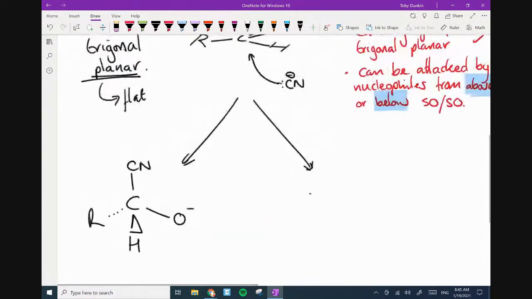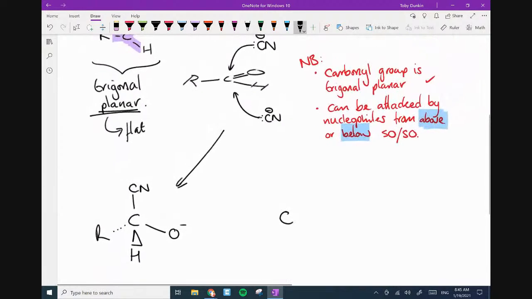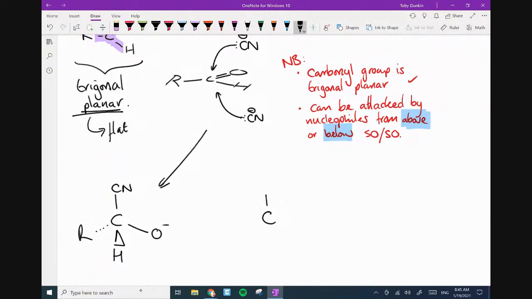Now, if it goes from below, the whole thing folds up in a different way. So if it comes in from there, I'm going to end up with the O up here. Now, can I just point out, I'm actually going to draw it in a very particular fashion here, guys. You're not really going to like this very much. So here's the nightmare.